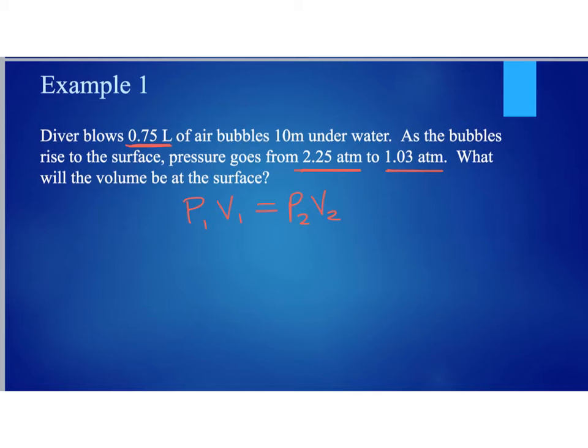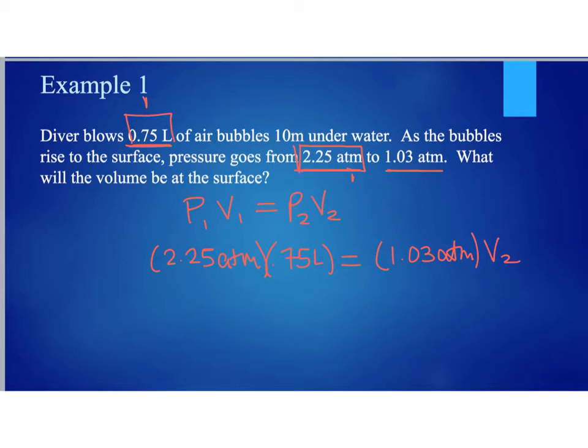Now when I go to plug my values in, this 0.75 liters is my initial value, or my first value. Just like my initial pressure was 2.25, so this is going to be my 1. So when I plug in my numbers, I end up with 2.25 atmospheres times 0.75 liters, and that's going to equal my second pressure, which is 1.03 atmospheres, times my second volume, which I do not know.